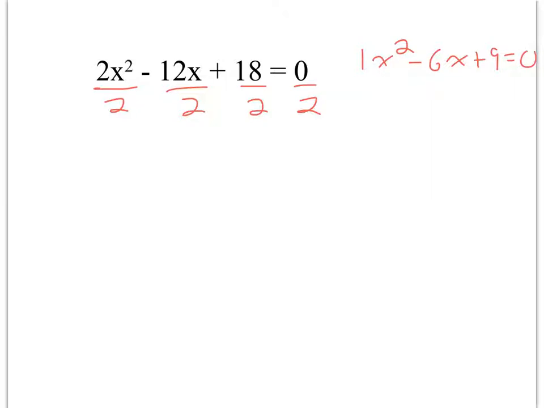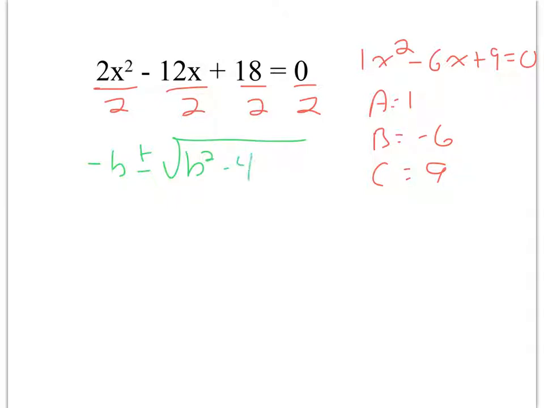Okay, when I do that right now, my a is 1, my b is negative 6, and my c, of course, is, you got it, 9. So let's go. Let's use our formula. I'm going to have negative b plus or minus the square root of b squared minus 4ac all over 2a, and that's what equals x.